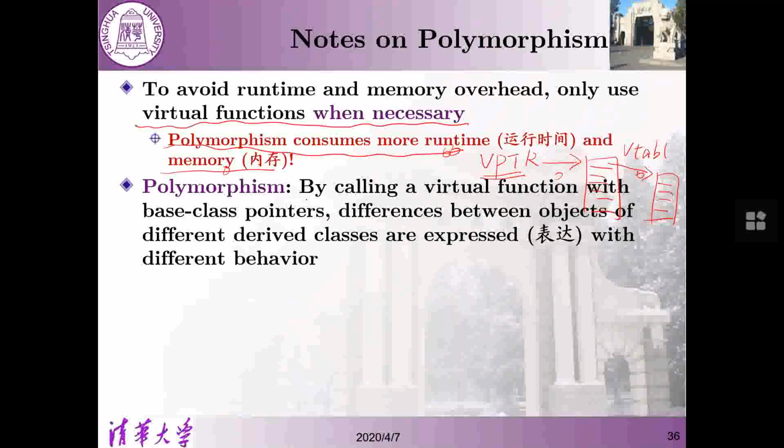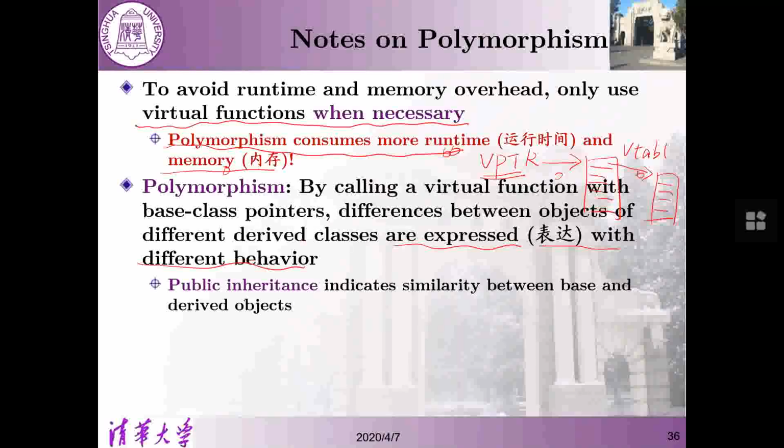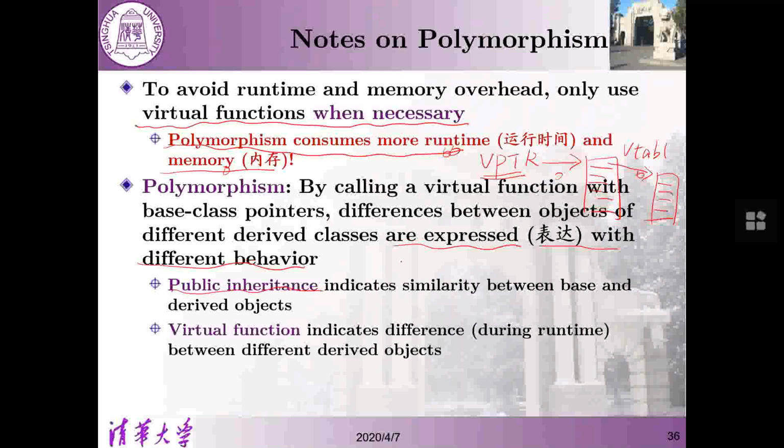We already know that by calling virtual functions with base class pointers, differences between objects of different derived classes are expressed with different behavior. So this is polymorphism, and public inheritance indicates similarity between the base and derived classes, or derived objects. And the virtual function indicates difference between them.